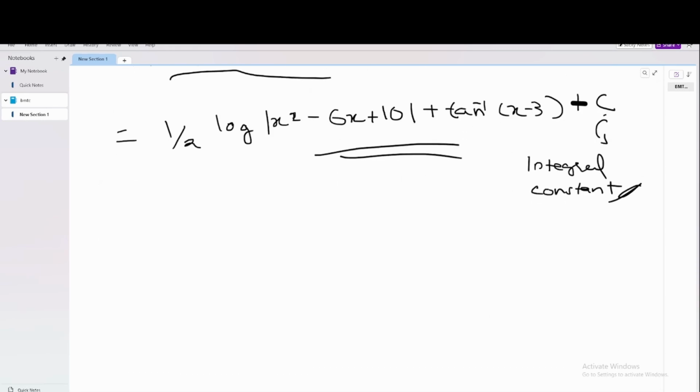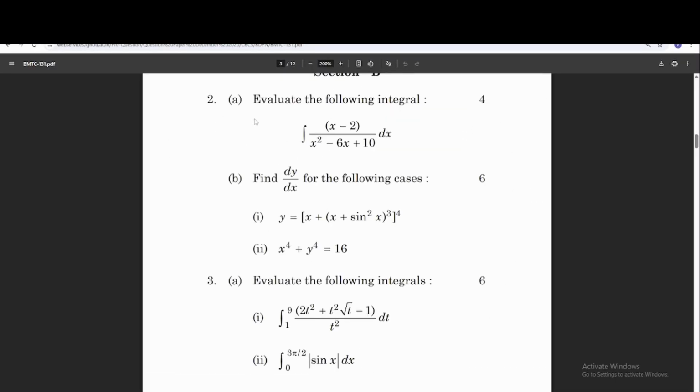So the next question is 2b. Find the dy by dx for the following cases. First one, y is equal to the whole bracket (x plus sine square x) whole cube, raised to the whole fourth. Second one is x raised to 4 plus y raised to 4 is equal to 16.